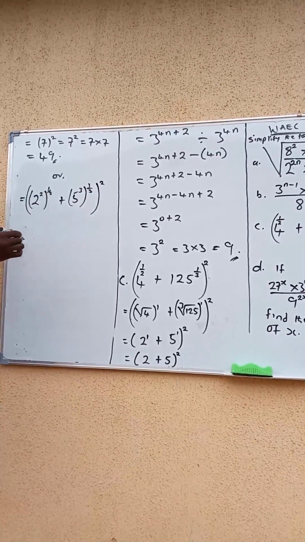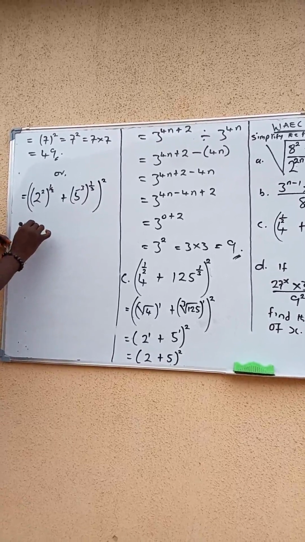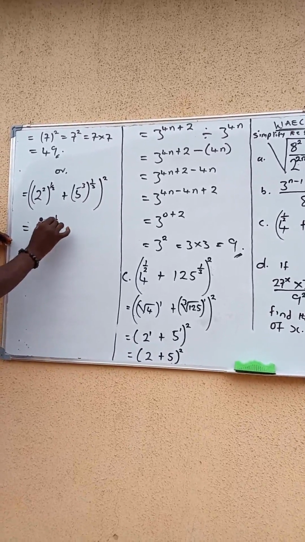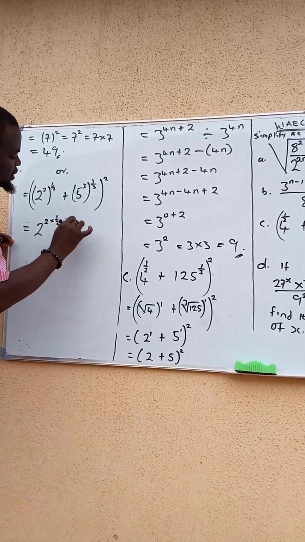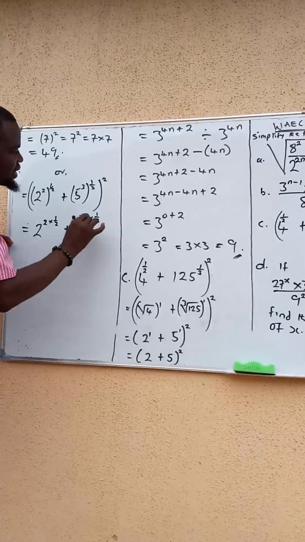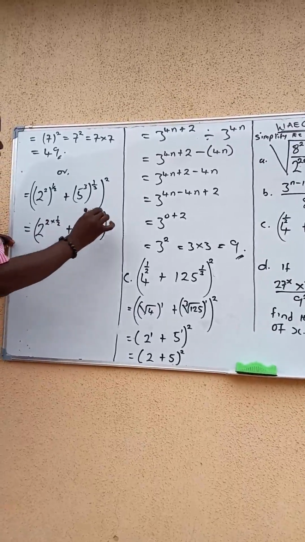Now, this is the power law. This will give me 2 raised to the power of 2 times 1 over 2, plus 5 raised to the power of 3 times 1 over 3, all raised to the power of 2.